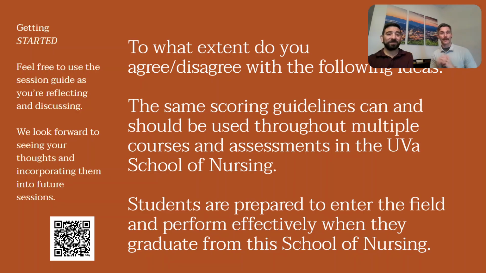To what extent do we agree or disagree with that idea? And then our second one, to what extent do we agree or disagree with the idea that students are prepared to enter the field and perform effectively when they graduate from this School of Nursing? So we're going to take our quick first pause, everyone. Come back and join us when you're ready.